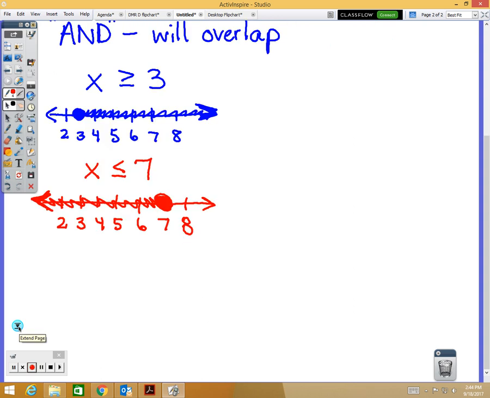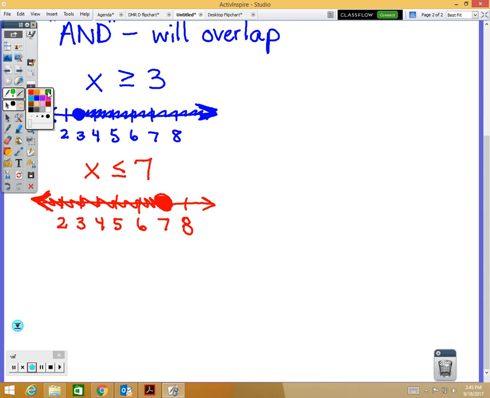So when we talk about overlapping, if we were to put these lines, my blue line and my red line, together, what part would they have in common that was shaded in? 3 through 7.